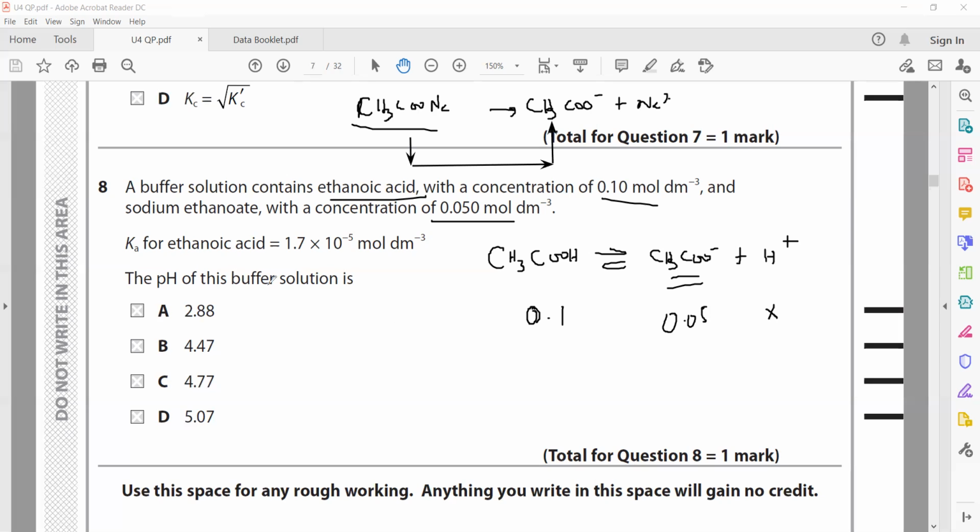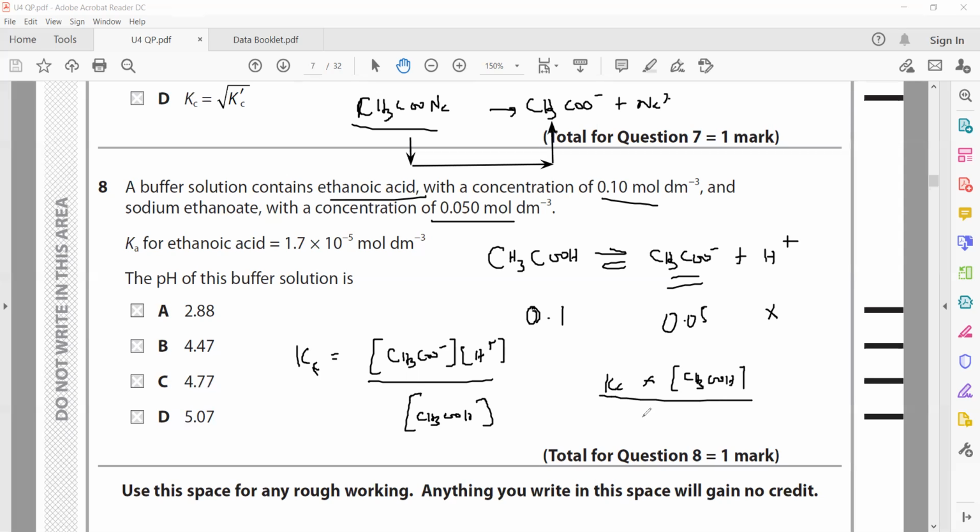When I write the expression for Ka, the dissociation constant for acids, it's product divided by reactant, so CH3COO- times H+ divided by concentration of acid. I need the hydrogen ion concentration, so Ka multiplied by concentration of acid divided by concentration of CH3COO- gives hydrogen ion.